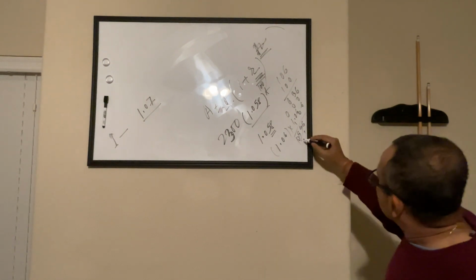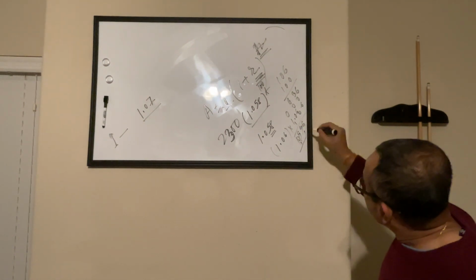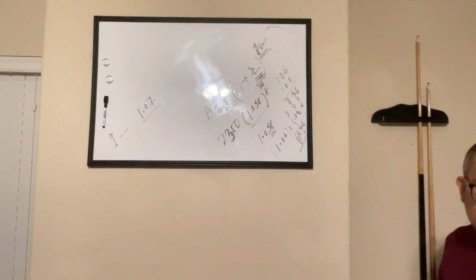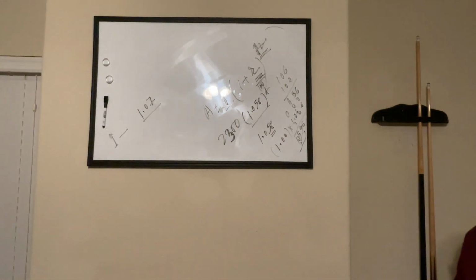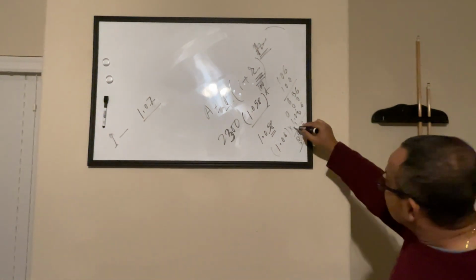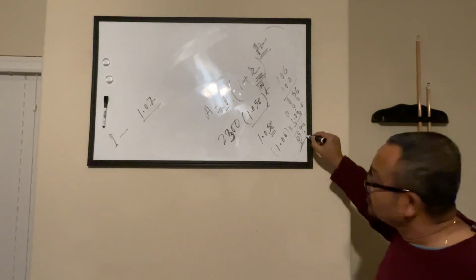Okay, so it will be the same amount actually if you look at it. In nearest dollar amount, 1.06 multiplied by 1.06 becomes 1.09.